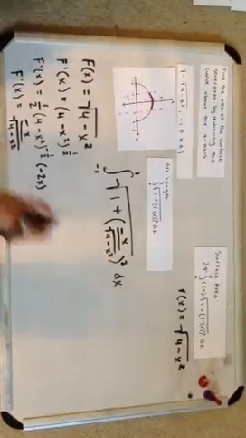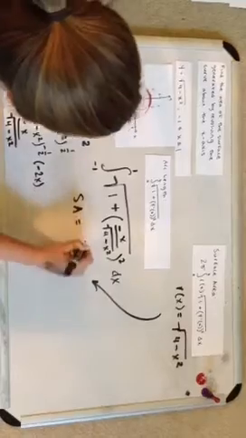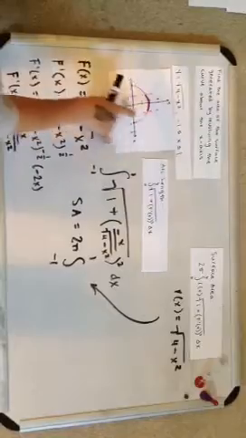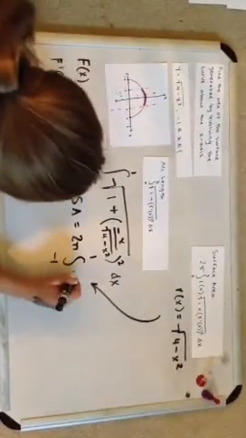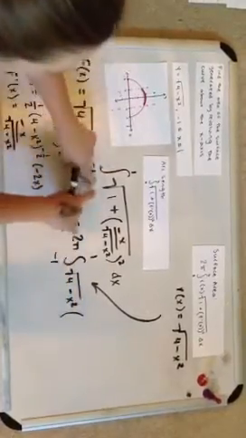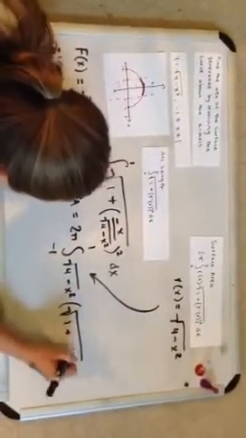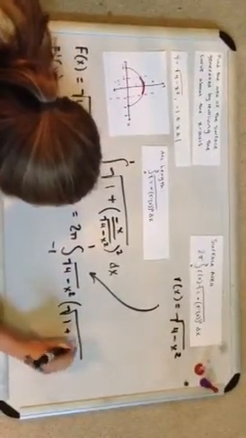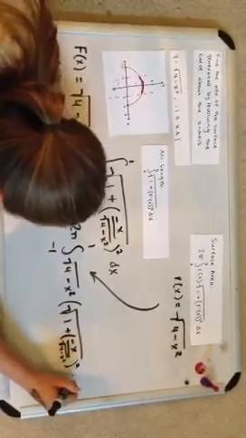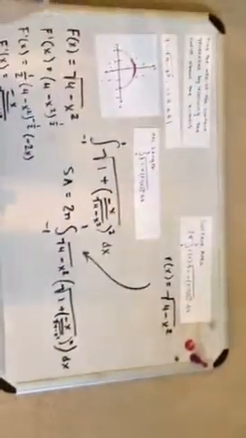So we get, I'll write it down here, surface area equals 2 pi times the integral from -1 to 1, that's what the problem asks us to do, of r of x, which we found to be the square root of 4 minus x squared, times the arc length, which we found to be the square root of 1 plus the quantity -x over the square root of 4 minus x squared, squared, dx.